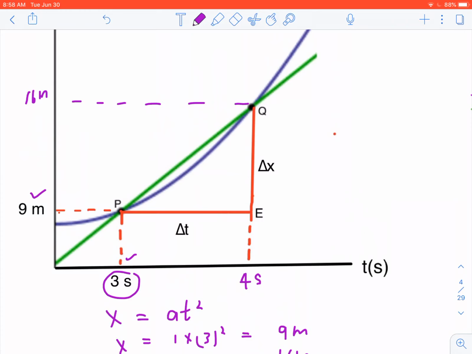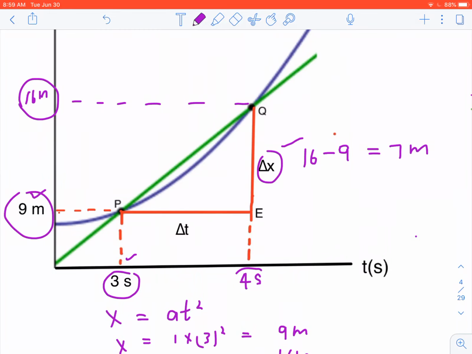If we want the change in x, that is 16 meters, this is 9 meters. What's our change in x? It would be 16 minus 9, and that would give us 7 meters. What's our change in time? It's 4 minus 3, so our change in time is 1 second.